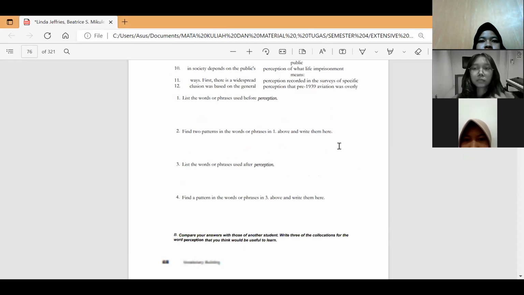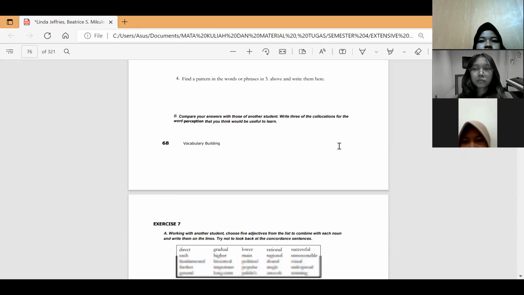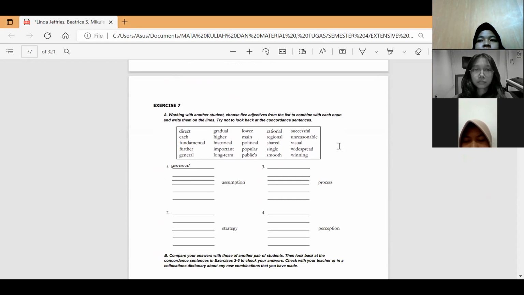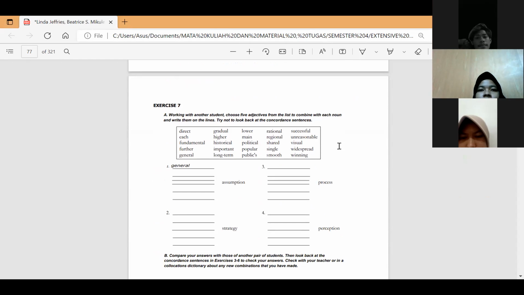We move on to another instruction, as you can see from the screen, working with another student: choose 5 adjectives from the list to combine with each noun and write them on the lines. So who wants to answer exercise 7?